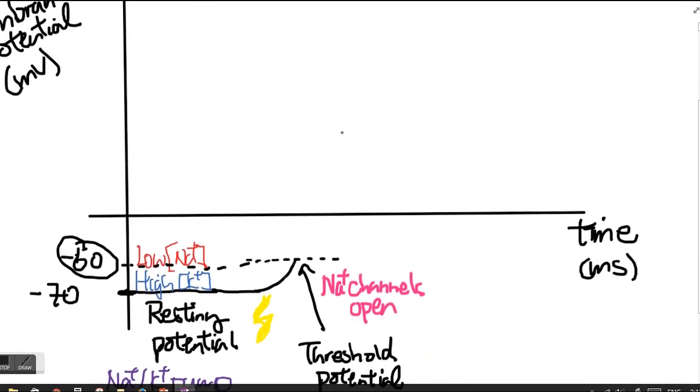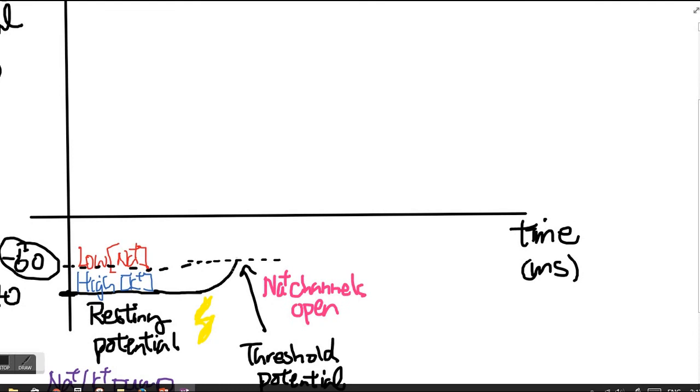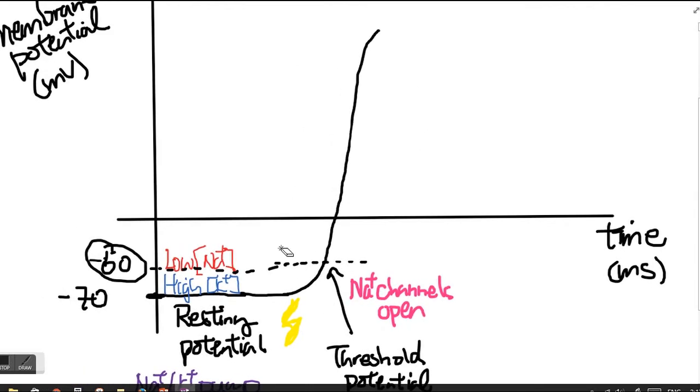All this influx of sodium will push the membrane potential towards positive, up, right? So this phase is what we call depolarization. Okay, and it's primarily caused by the influx, the moving in of sodium into the cell.